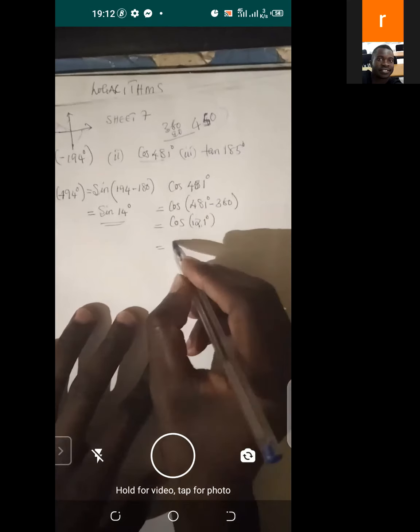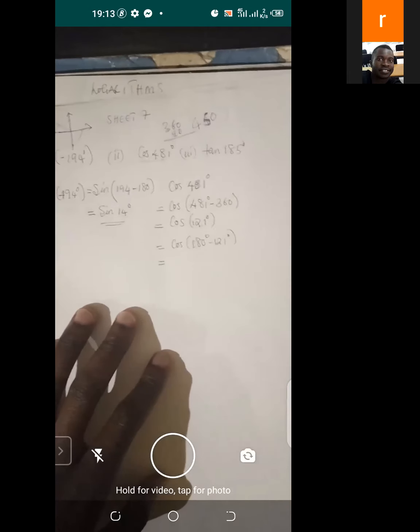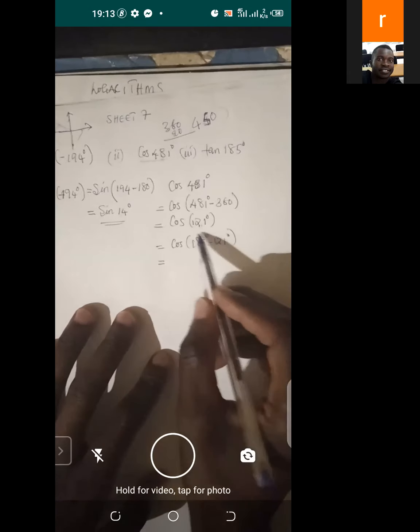Subtract this from 180, you get cos of 180 minus 121 degrees, which gives you cos 59 degrees. But what is happening to the cosine function in the second quadrant? It is negative, so this should be a negative here. So you do the same with the rest of the questions. So let's move on to question 2.